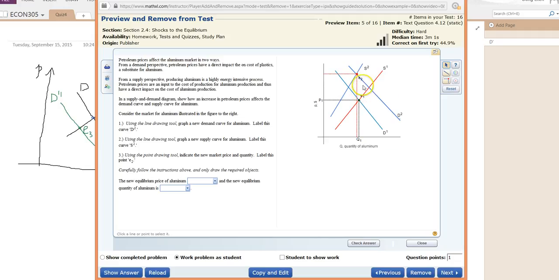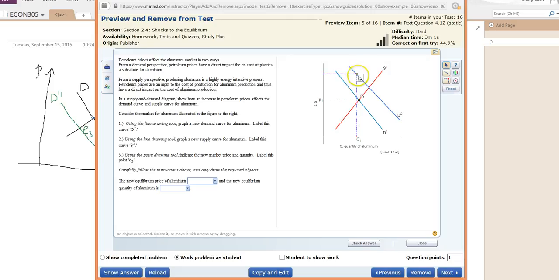Some of you will think that E2 is obviously to the left of E1, hence you might answer that the quantity will go down. But that's very subjective, because I'm just drawing the demand and supply curves very arbitrarily. Suppose I change the supply curve.